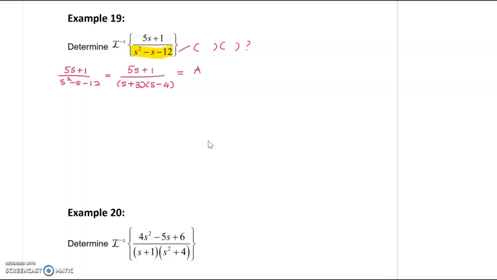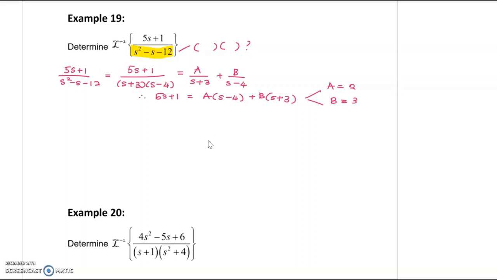Then it should be written in the form of A over s plus 3 plus B over s minus 4, and 5s plus 1 is equal to A(s minus 4) plus B(s plus 3). To cut the story short, I just assume you know how to get A and B. In this case, A is 2 and B is 3. So please make sure you get the values of A and B.